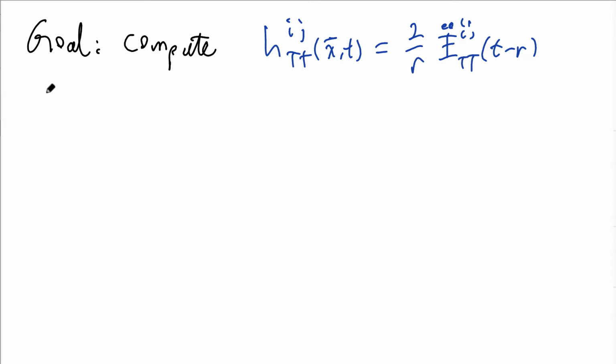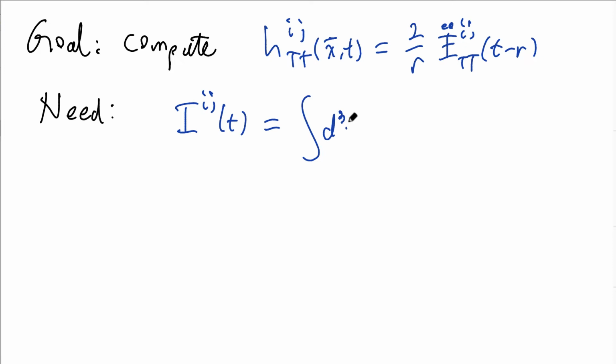For this, we need the second moment of the mass distribution, I_ij, at time t equals integral d3x of T00 of t and x times x_i x_j.